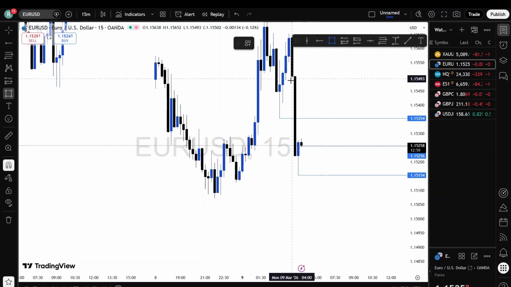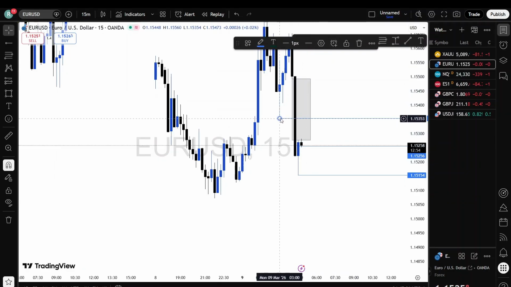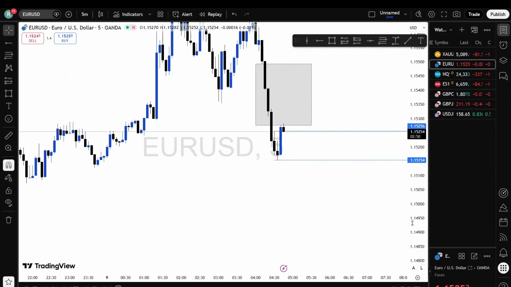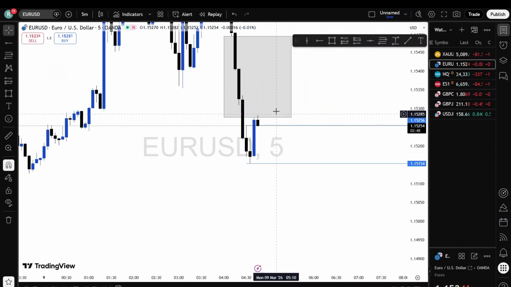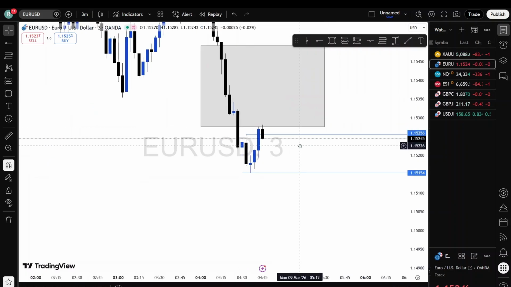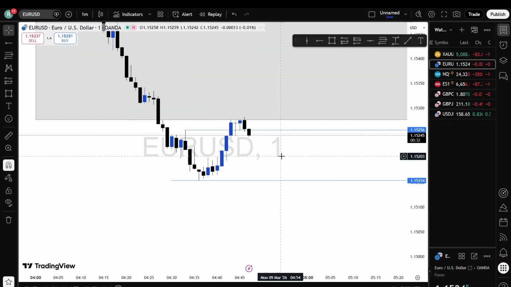So this was the recent FVG that got created, and the 15 minutes is on the bearish side according to the FVG. Now if we go to the 5 minutes time frame, 5 minutes has this FVG as well. 5 minutes is also, you can say, bearish. 3 minutes is also bearish till now.